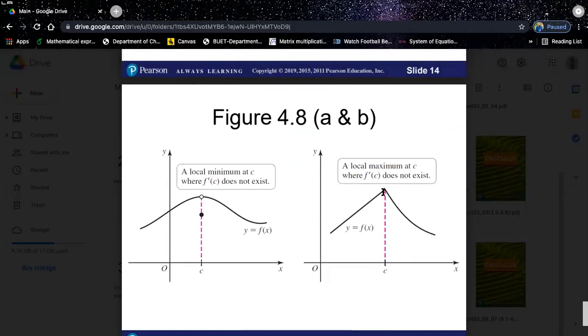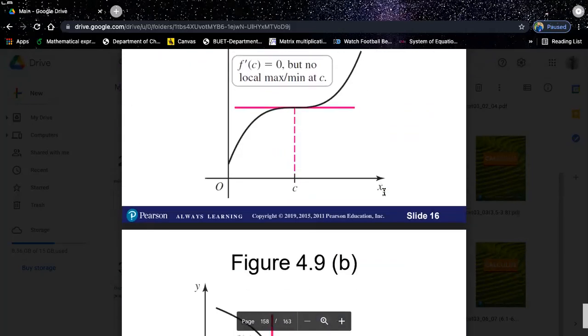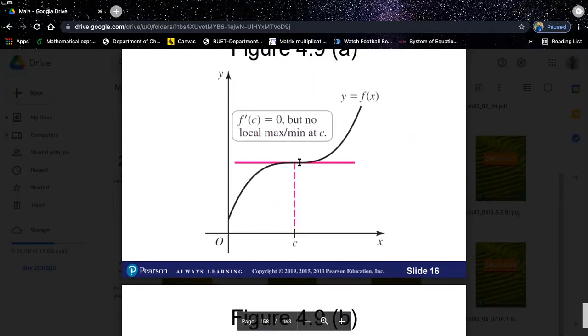Same goes for the corner points. There could be a highest point or a lowest point, but it may not be differentiable at that point. And a function could have no local min or local max at a point, but it still could have zero first derivative at that point.